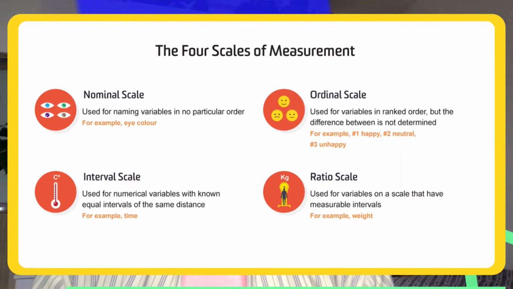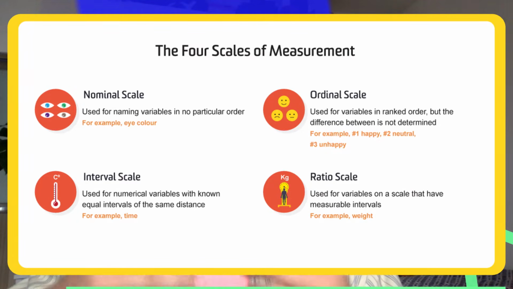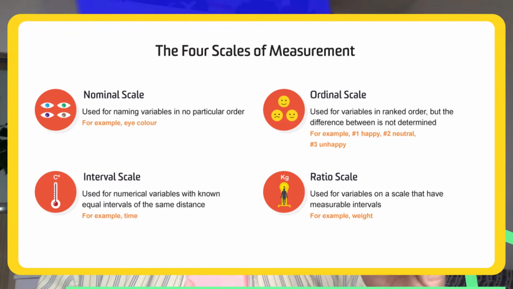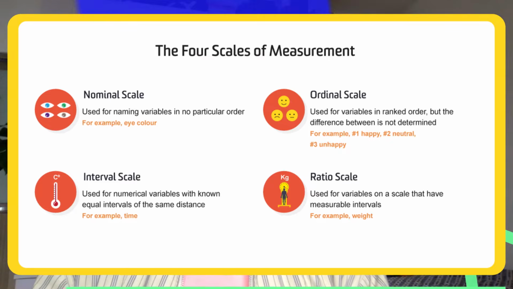Nominal scale is used for naming variables in no particular order. For example, eye color, name of your school, the number of your house. And then ordinal scale is used for variables in rank order, but the difference between is not determined. For example, number one happy, number two neutral, number three unhappy, and number four very sad.